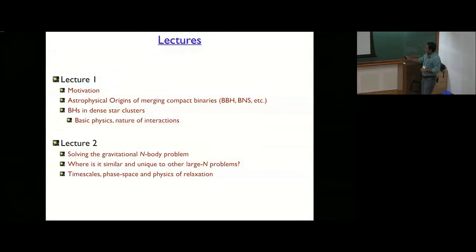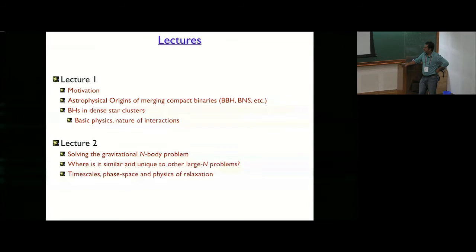So just to give you some early warning of what we are going to do, today is all about the astrophysical origins. It will be very pedagogic. I will show you pictures and movies. Tomorrow, we will start going deeper into the formalism of how to solve a gravitational n-body problem.